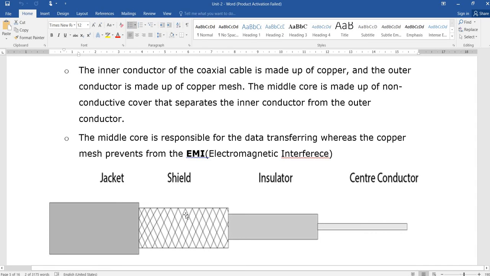The middle core is made of a non-conductive cover that separates the inner and outer core.